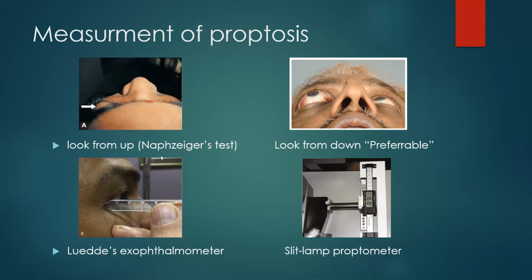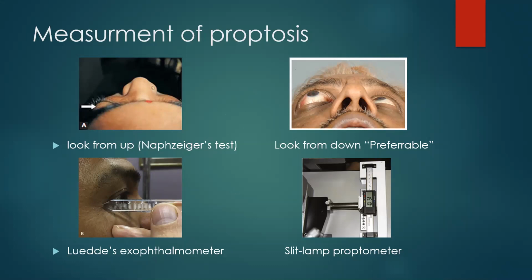Measurement of proptosis. There are a lot of tools or ways to measure the proptosis. Some people look from up. It's called the Nafziger test. But this way, I don't prefer it. Why? Because in some conditions with eyelid edema and swelling, if you look from up, you can see a bulging eyelid.